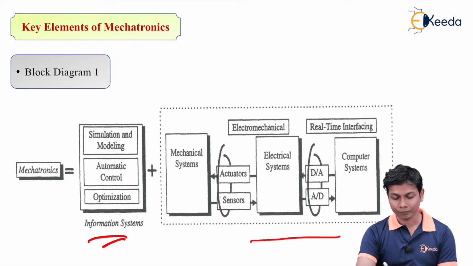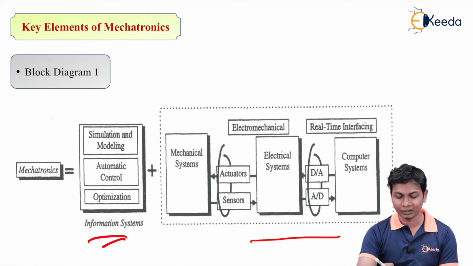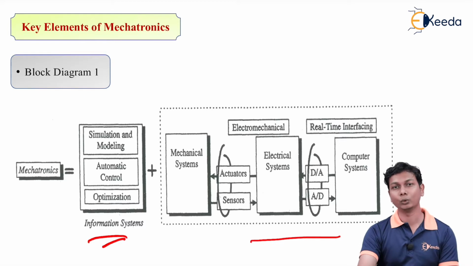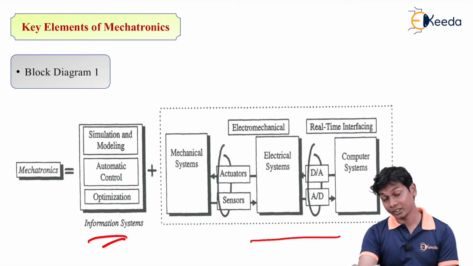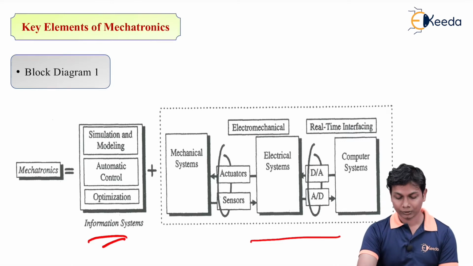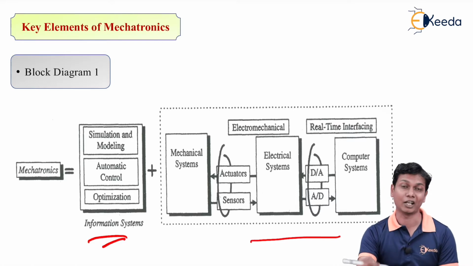In the same way, electrical systems and the computer systems are correlated with each other, or signaling together, with A to D and D to A, that is analog to digital converter and digital to analog converter. So, this whole signal interfacing is done in real time.